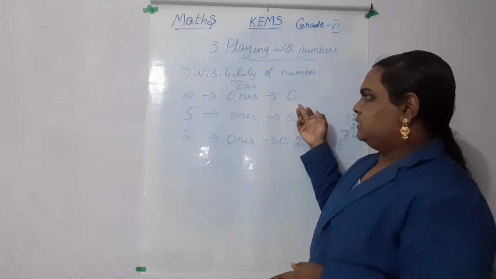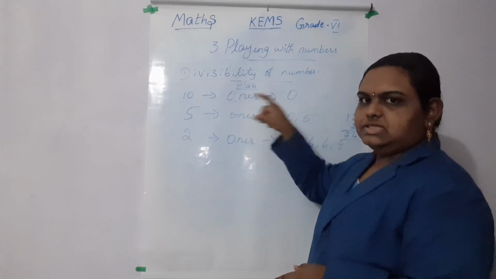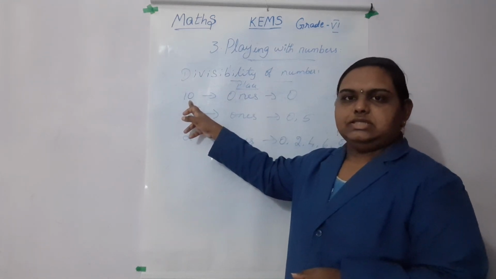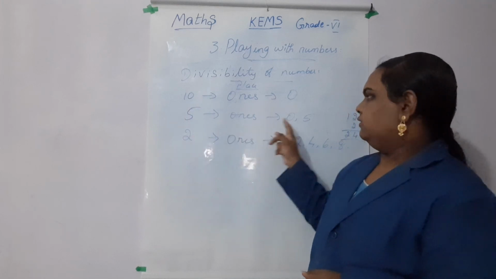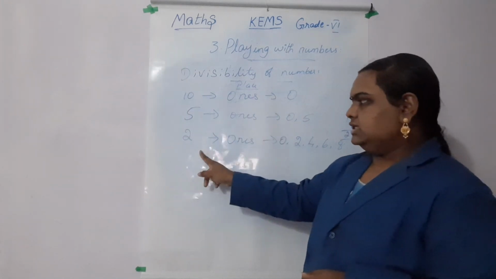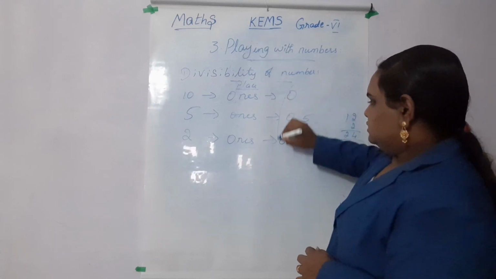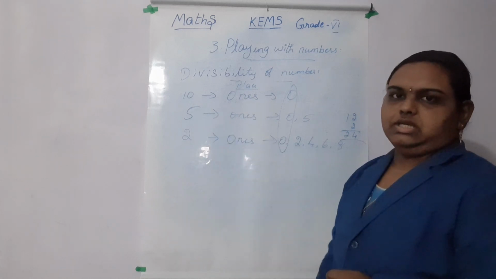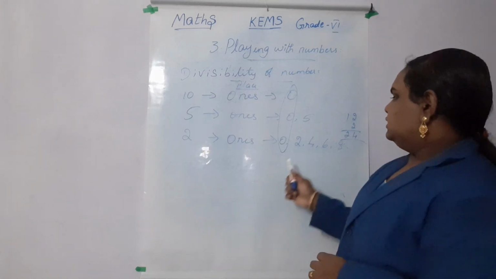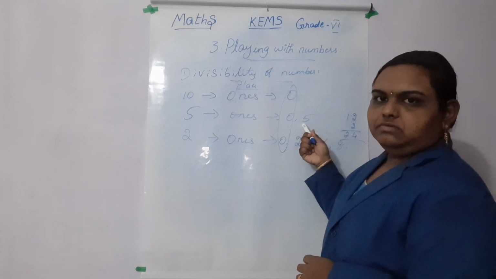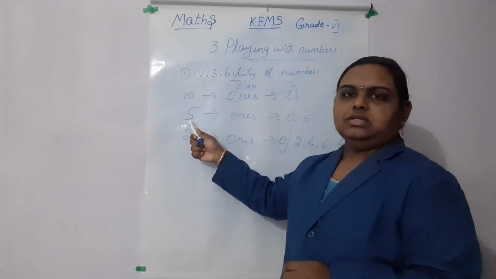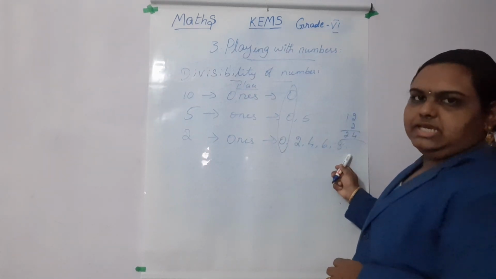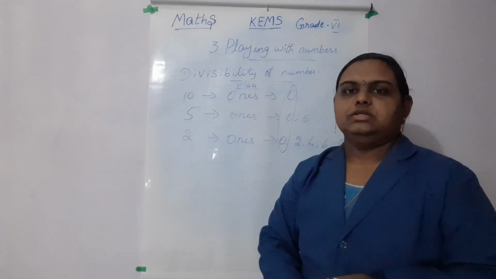If we have 0 in the unit place, that is in the ones place, then the number is divisible by 10 as well as 5 and 2, because 0 is the common number of these 3 numbers, 10, 5 and 2. Then if you have 5 in the ones place, we can divide by the number 5. If you have 0, 2, 4, 6, 8, it is divisible by 2.